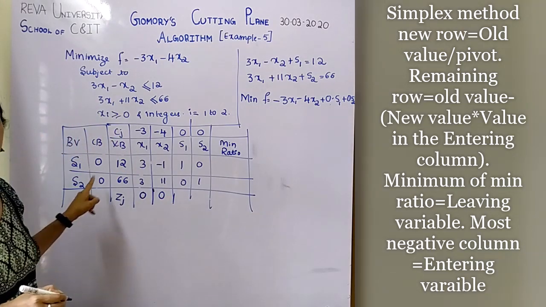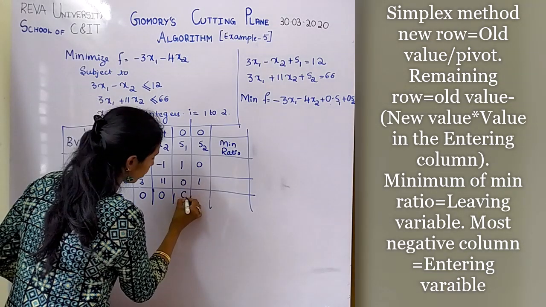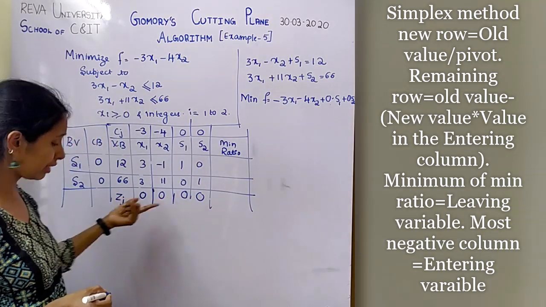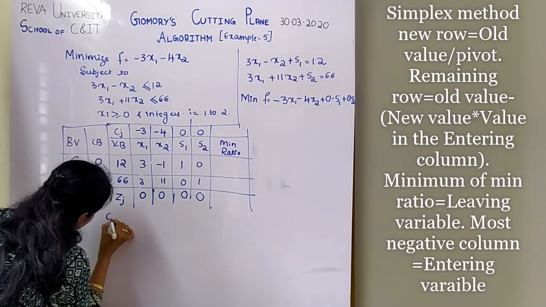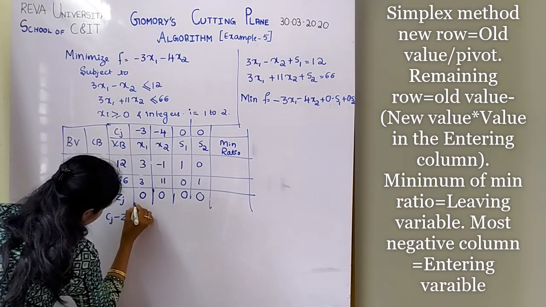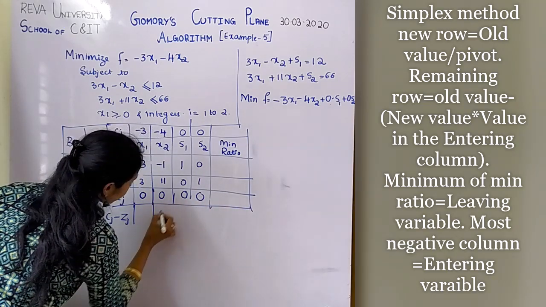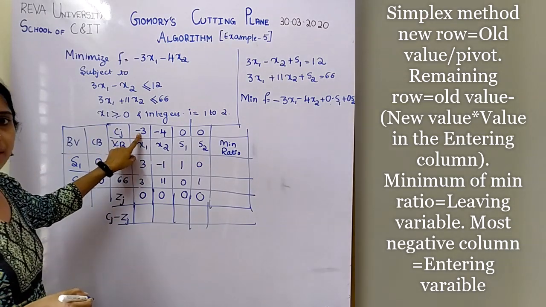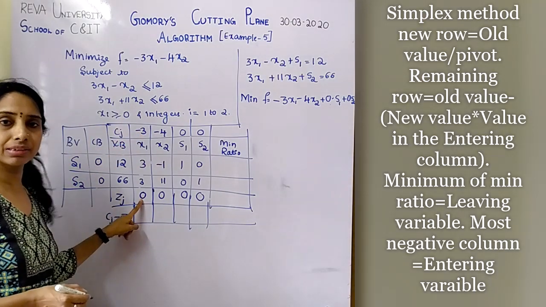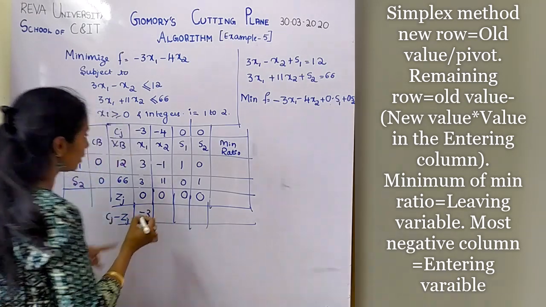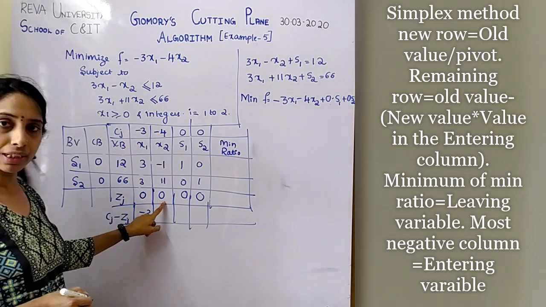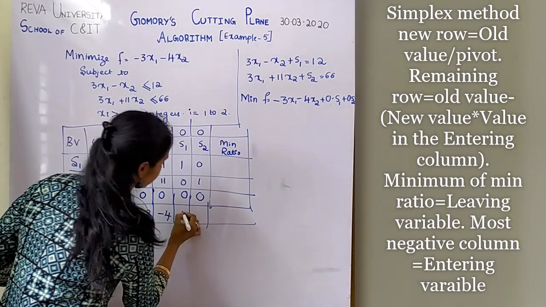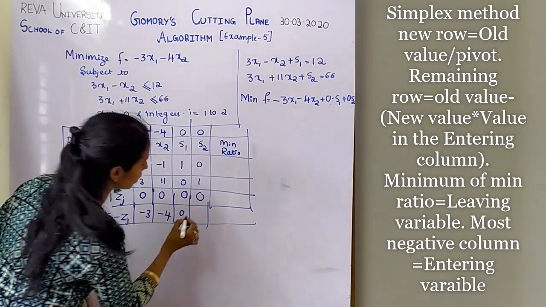Since CB is 0 here, for the first iteration you will get all Zj values equal to 0. What is your next task? You have to find out Cj minus Zj. Here the Cj value is minus 3, minus 0, so you will get minus 3. Minus 4, minus 0, you will get minus 4. 0 minus 0 is 0. 0 minus 0 is 0.